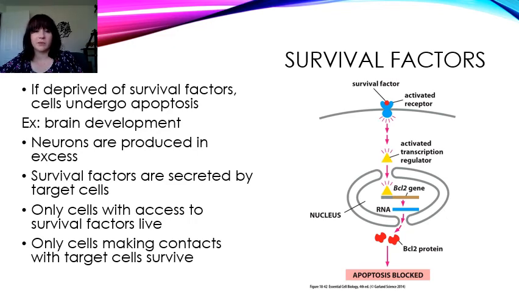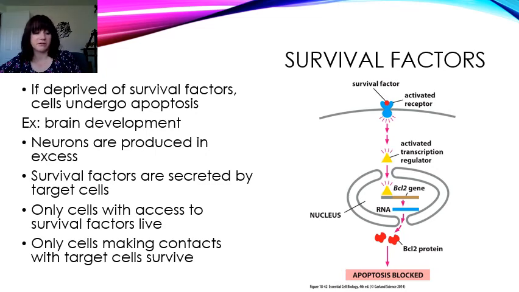Now let's look at the signaling pathway in more detail. Here we have a survival factor, and somehow it needs to tell apoptosis not to occur. If you remember, what proteins are involved in apoptotic signaling? It's the BCL2 family. And we said that the BCL2 family contains some proteins that are pro-apoptotic and others that prevent apoptosis. So these survival factors are going to allow the induction of the proteins that inhibit apoptosis.